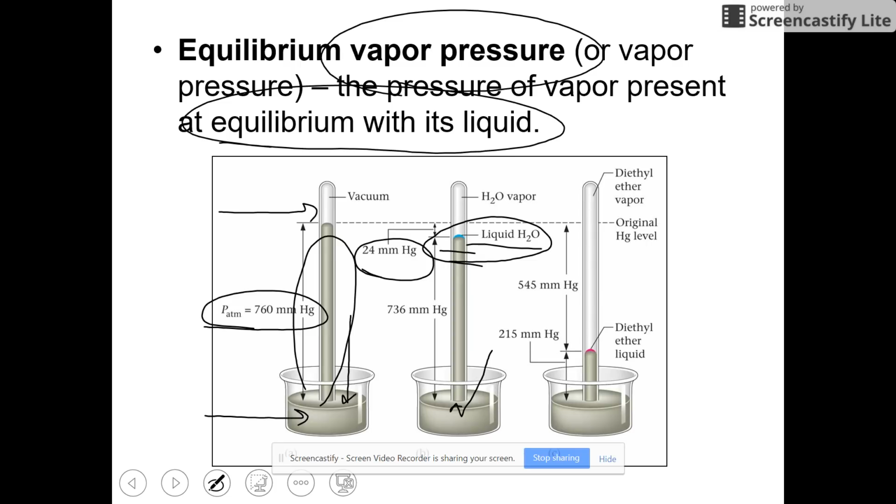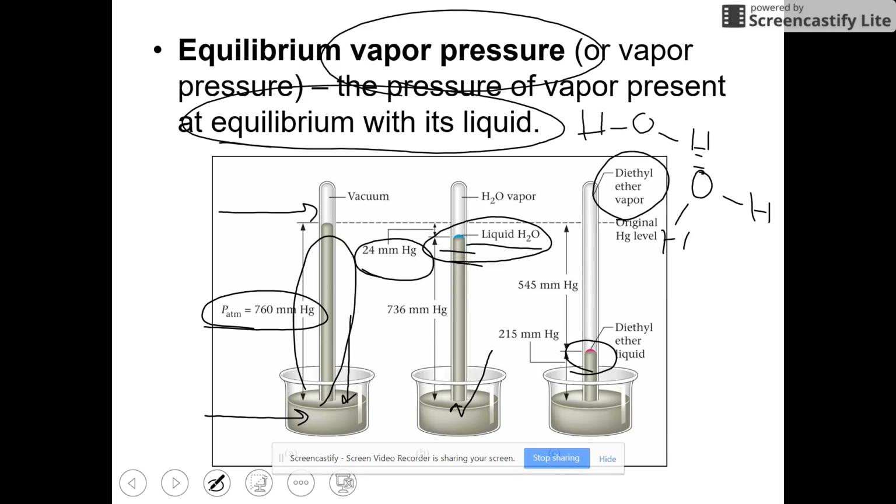Now, the water sample in liquid phase has the hydrogen bonding, right? This is between water molecules. So now if you have something that doesn't have hydrogen bonding, something that has only dipole-dipole intermolecular force, like diethyl ether, you inject diethyl ether in here at the same temperature.